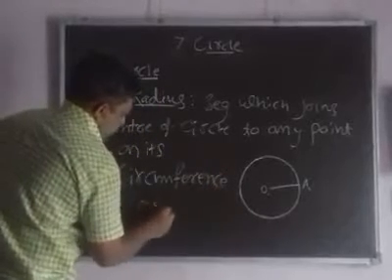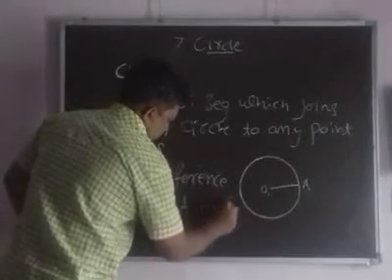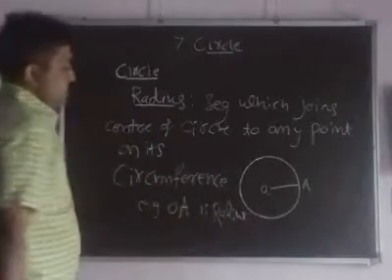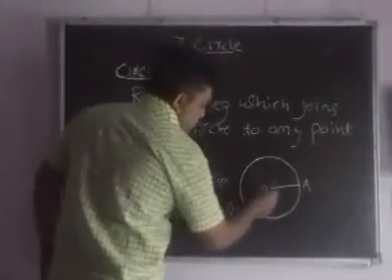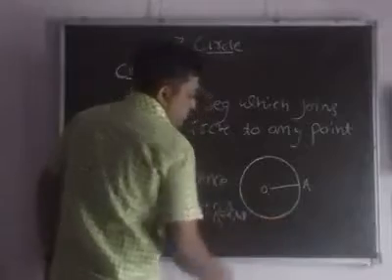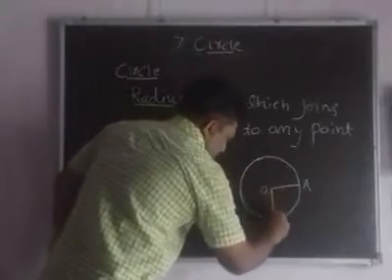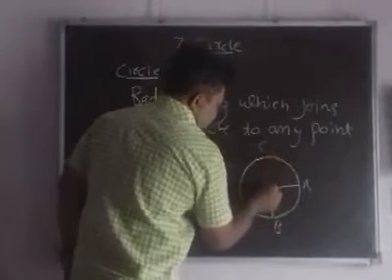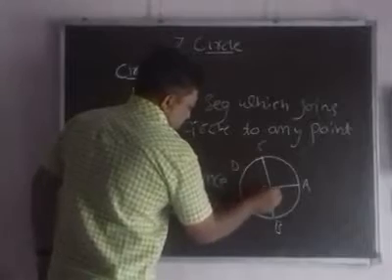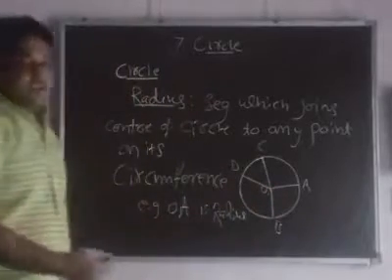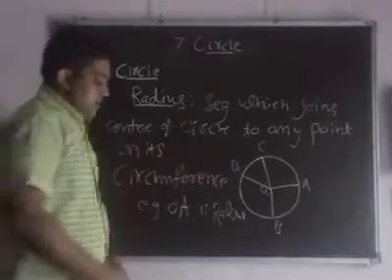For example, here OA is a radius. Okay, for this figure OA is a radius. Likewise, we can construct so many radius mentioning the points on its circumference. Suppose B point is there, OB will be radius, C point is there, OC will be radius, and suppose here D point is there, OD will be radius. Likewise, so many radius we can construct in a circle.